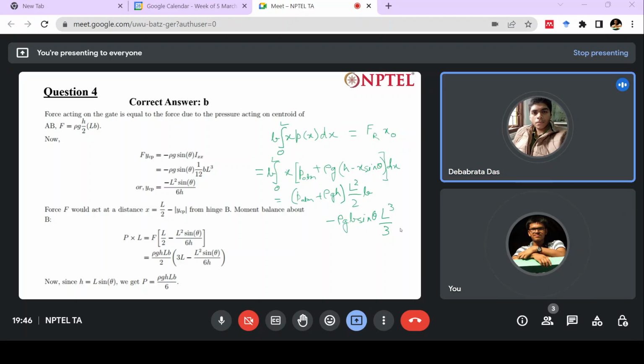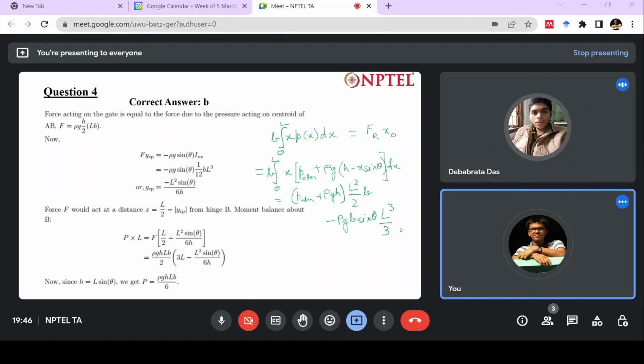It is x cube by 3, and if you put the limits, it will be L cube by 3. So this is equal to FR into X0.